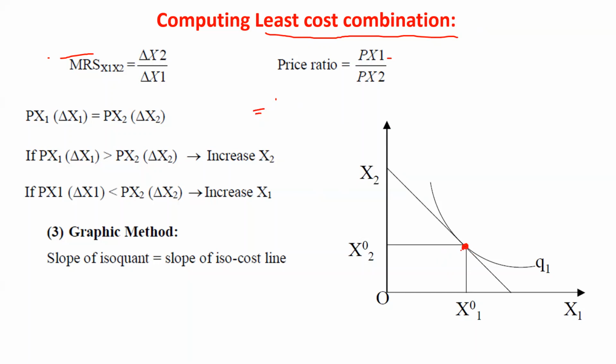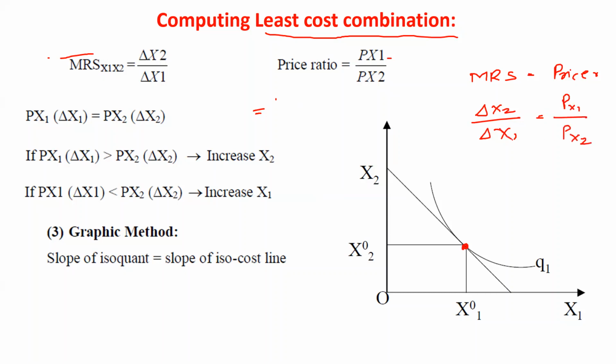So at the point of tangency, the slope of isocost and isoquant is equal, that is nothing but MRS or MRTS will be equal to the price ratio, that is delta X2 divided by delta X1 is equal to price of X1 divided by price of X2.